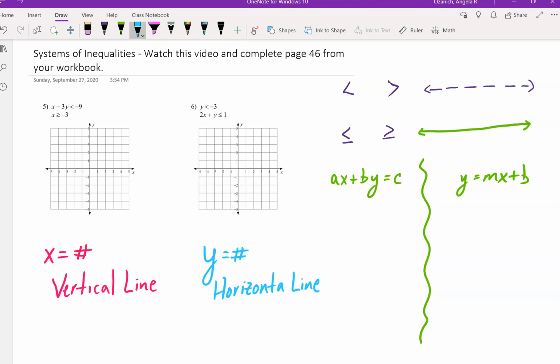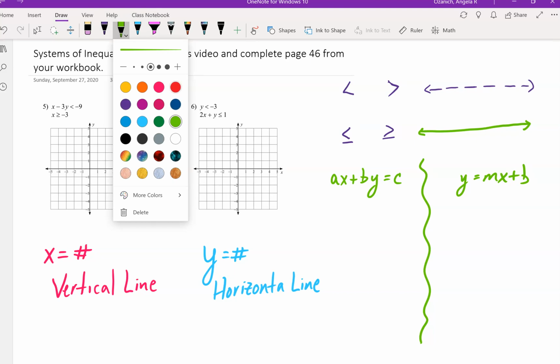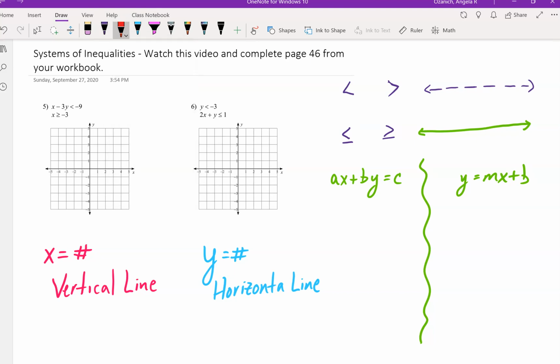So let's take a minute and graph on this graph right here. Let's take a look at just this idea of x equals a number or y equals a number and how that looks. Right here we see x is greater than or equal to -3.